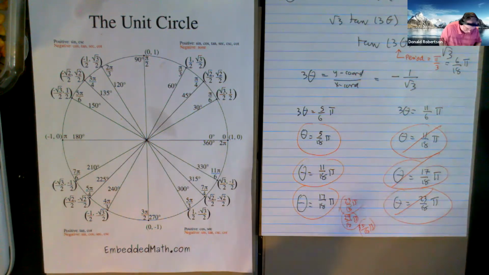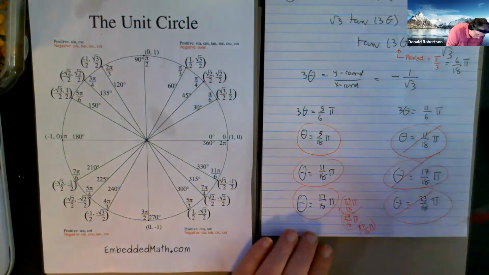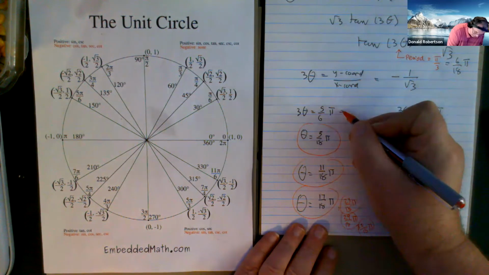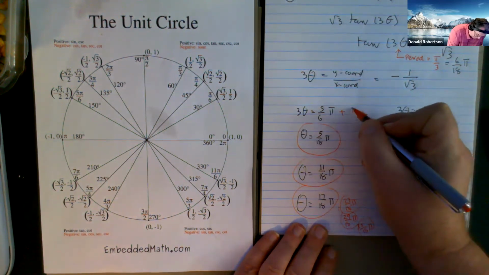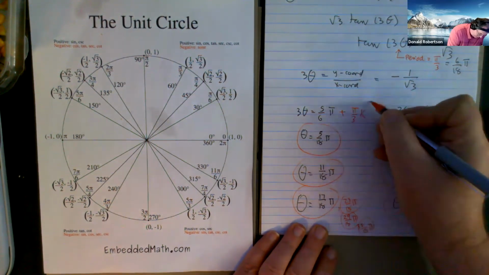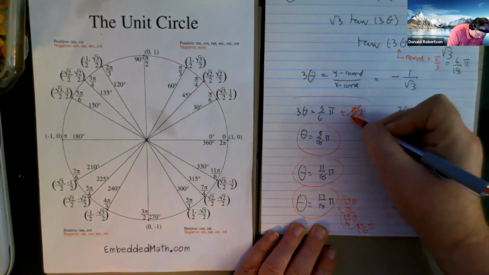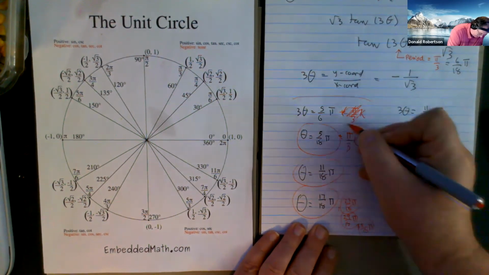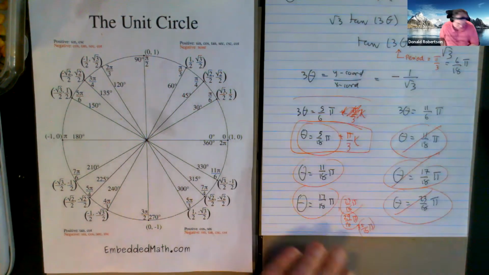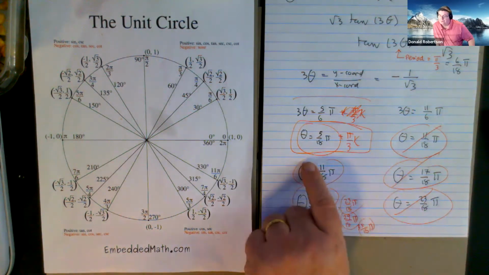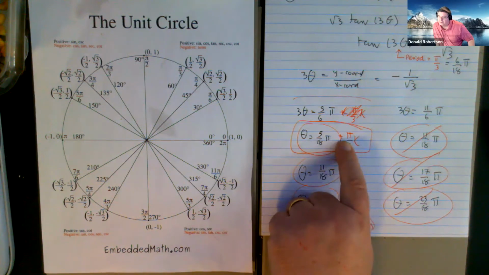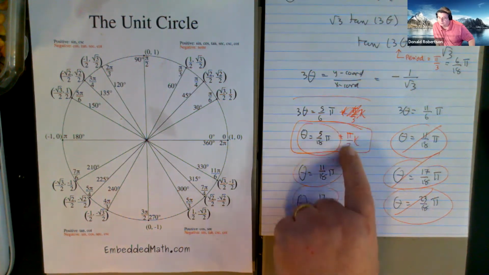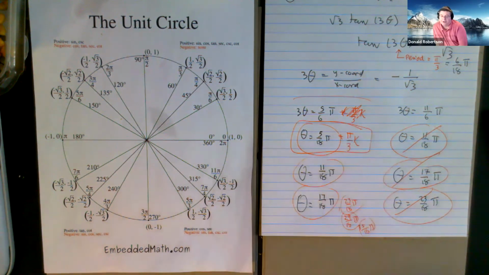If you wanted to do the general one, wouldn't you just take your first answer and add the period times k? And wouldn't that be all of the solutions? Right, one answer plus multiples. The multiple is the period times k.